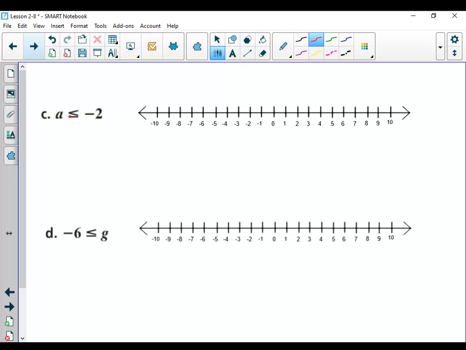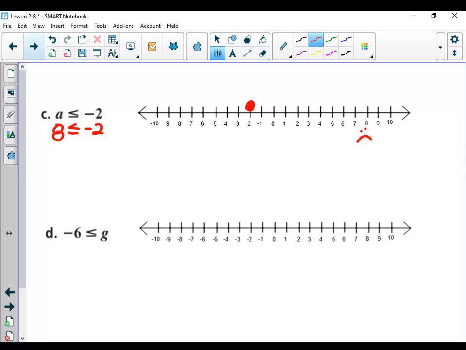This one has that equal to sign underneath. So if I wanted to, I could start at -2 right away with a closed-in dot. Then I'm just going to pick a couple numbers that I like. Is 8 less than or equal to -2? Is 8 less than -2?